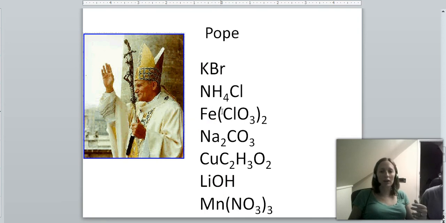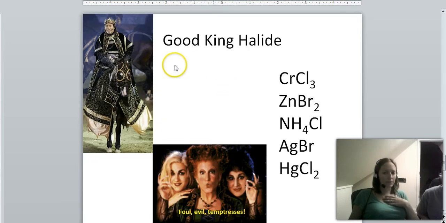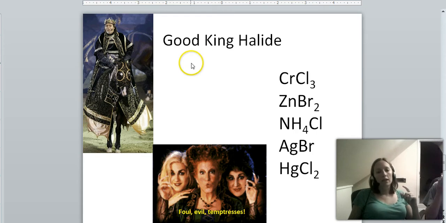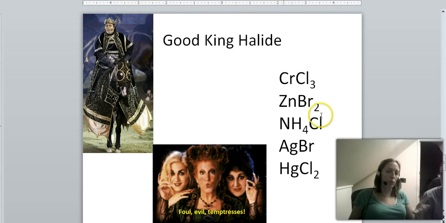So, all right, next we have Good King Halide, who is chlorine, bromine, and iodine, not fluorine. And so you end up with chromium chloride, that's soluble. Zinc bromide, that's soluble. Ammonium chloride is obviously soluble because you got a Pope and a King. But here's the thing: the witches can overpower the King with an evil spell. Uh-oh. I know, right?